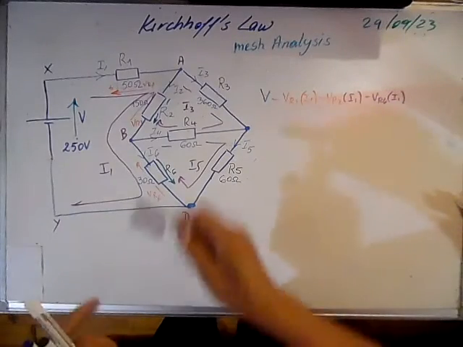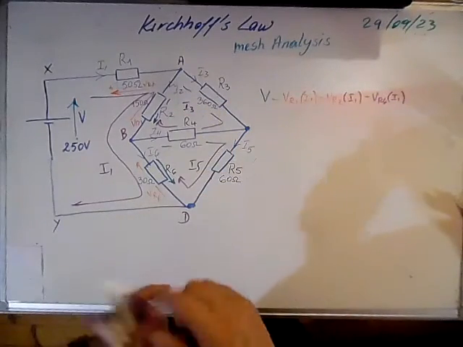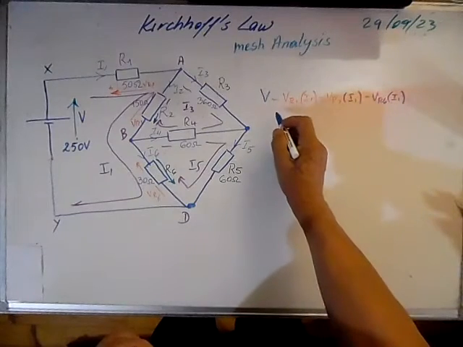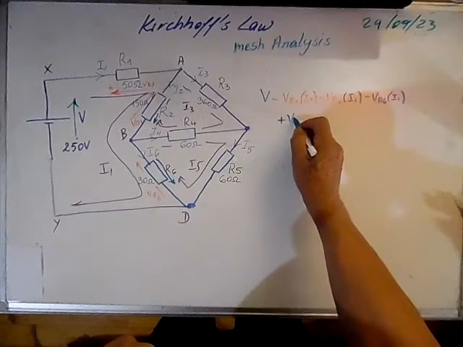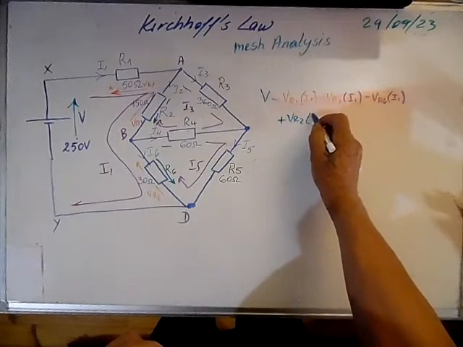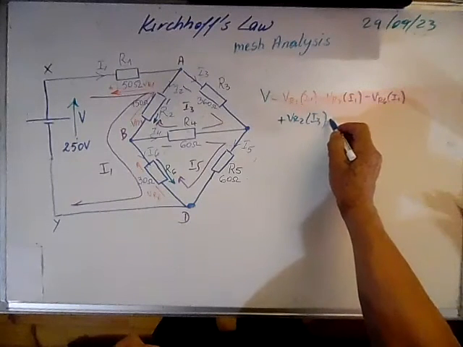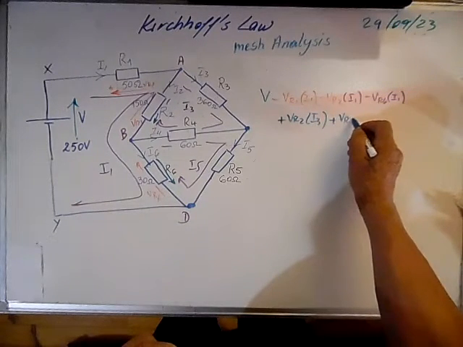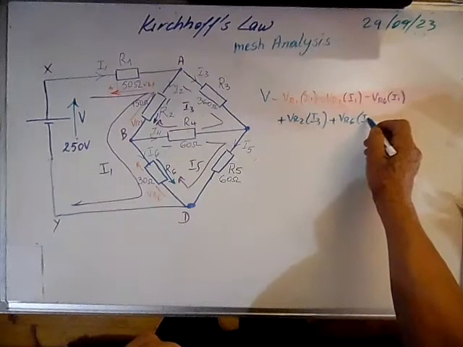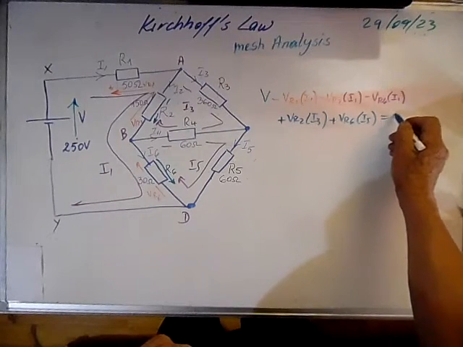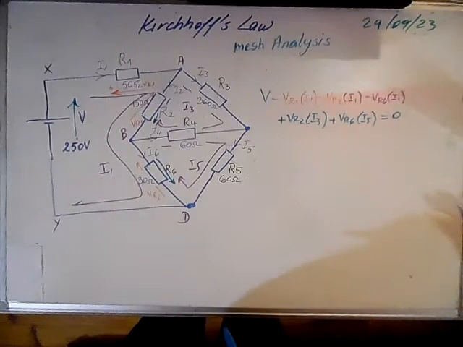And then we can add, these are positive, the green one, so we can say plus VR2 due to I3, plus VR6 due to I5. This is equal to 0.